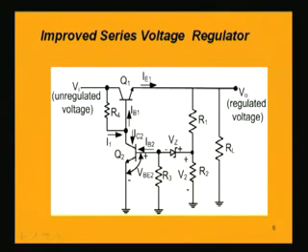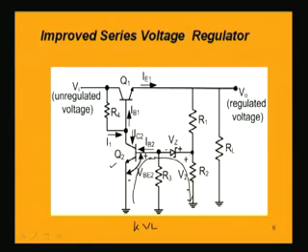So now if we apply KVL in this loop, starting from here and ending at ground through this resistance R2, what do we get? VBE2, that is the base to emitter voltage for the transistor Q2, this transistor I am considering.